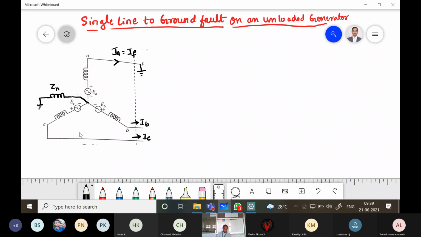The neutral is grounded through a reactance, as shown in the figure, and here it is assumed that phase A is shorted to ground directly. The condition of the fault is represented by the following terminal conditions. So now we need to write the terminal conditions.